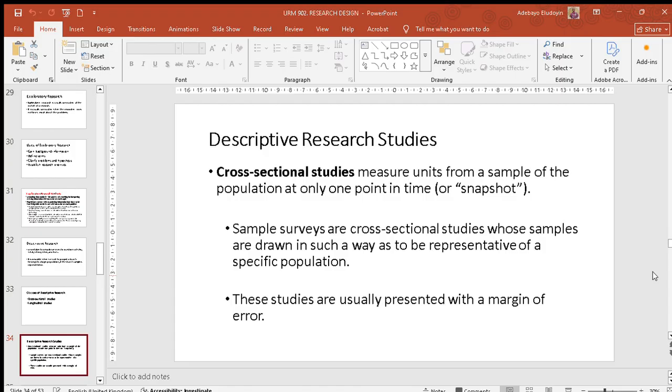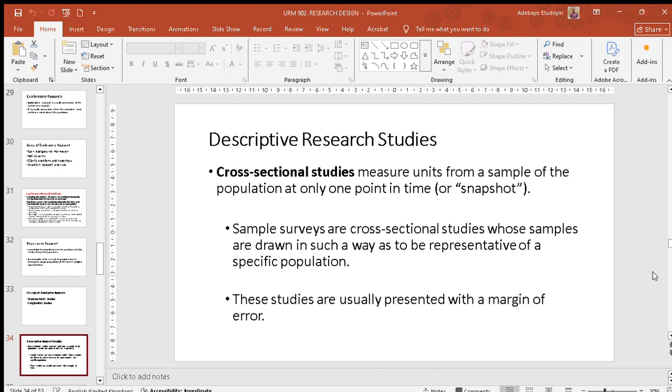And don't forget, this third point is very important: when you're talking about a cross-sectional study, you must also understand that whatever you do is considered within a particular margin of error. That is why this kind of research can be quantitative. Maybe in your analysis you say you want 95%.